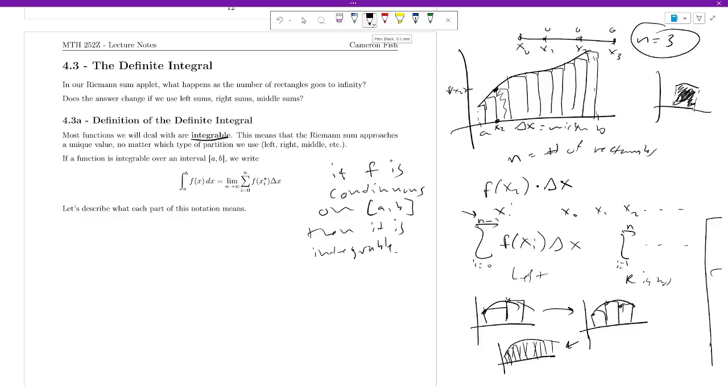One thing about this notation, yeah, so that's the idea. We do this Riemann sum idea, and we bundle that all up into a short notation, this notation on the left here, and let's look at what each of the parts is. First of all, there's this S symbol. I'd probably call it the integral sign. It's just an S. Historically, it was a long S, and it just got weird looking.